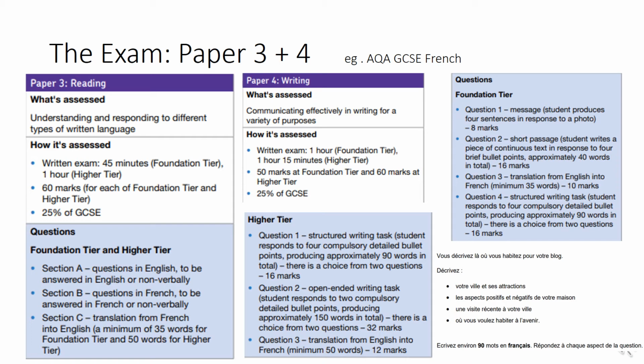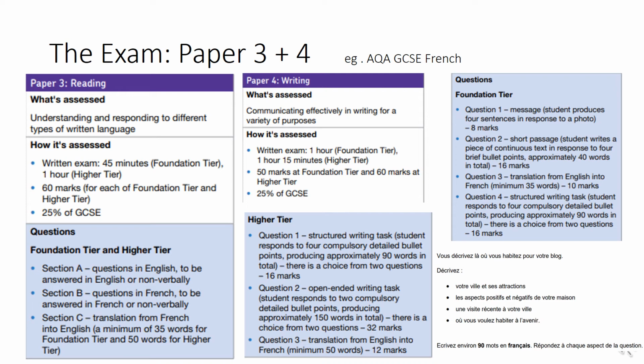Section A, your questions should be answered in English or as multiple choice. Section B, your questions will be in French, answered in French or non-verbally. And then there's a third section, which is a translation from French into English, which would be at least 35 words at foundation tier or 50 words at higher tier.